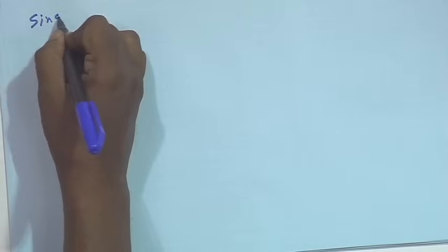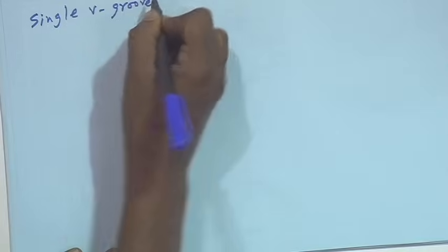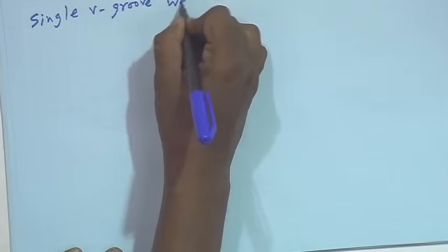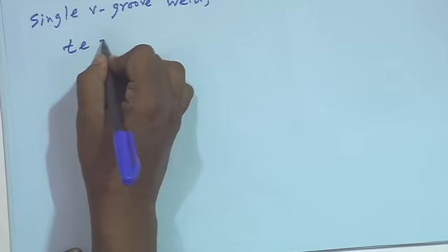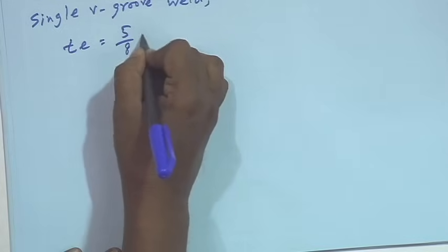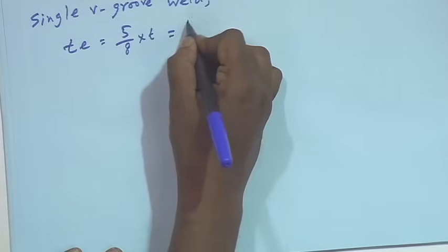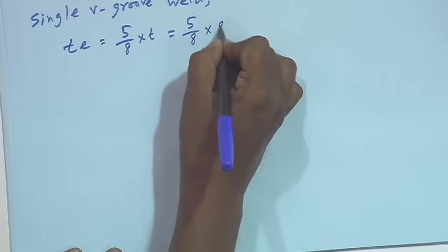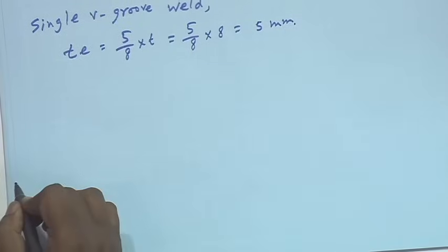And for single V groove weld, Te will be 5/8 of t. Here the thickness of the thinner plate is 8 mm. So, 5/8 of 8, that means 5 mm.